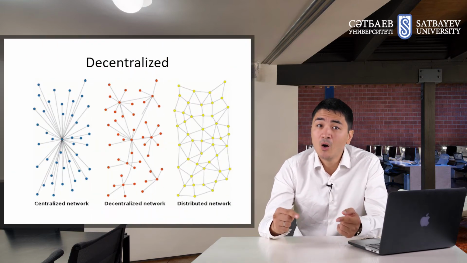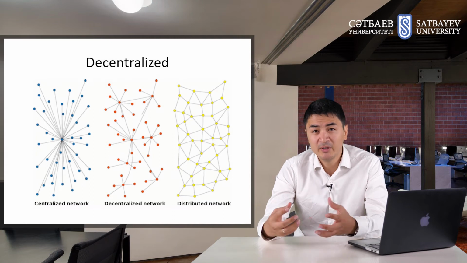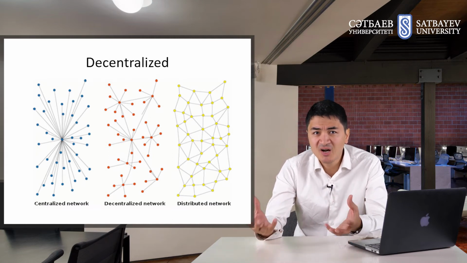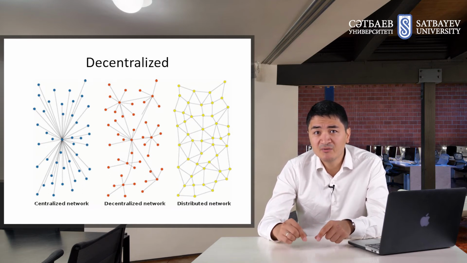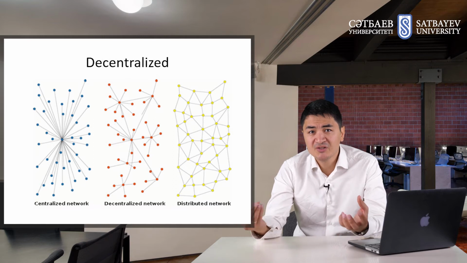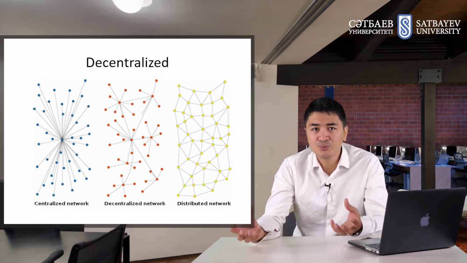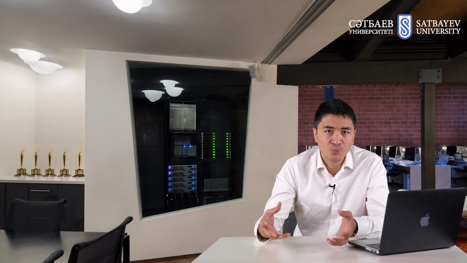If we compare the centralized and decentralized approaches, you can see on this slide that in the centralized one, all of the participants have to negotiate with the central unit or provider, in our case a bank, a trustee element that we can rely on when we transfer data from A to B. But in the decentralized one, there is no such central unit or bank where we have to rely on their ability to store and protect the data and to guarantee that nothing wrong can happen with it.